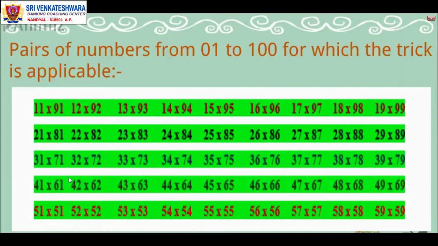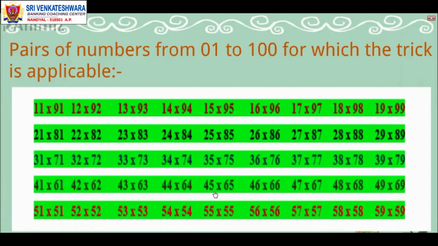And if you add the numbers in tens place, the sum must be 10. So 3 plus 7, 10, 3 plus 7, 2 plus 8, 1 plus 9, 5 plus 5. The sum of the tens digits must be 10 and the digits in units place must be the same. These two conditions must be satisfied, then only you can apply this trick.